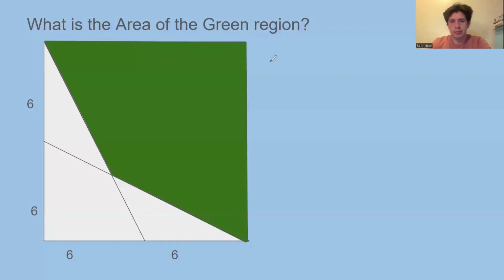Okay, so for this one, we want to do area green equals square minus white. So to do that, the square is 6 plus 6, so 12 times 12.